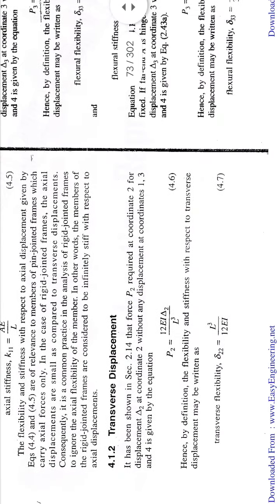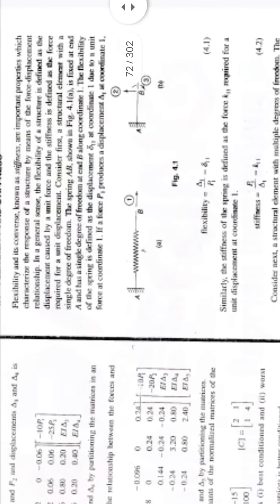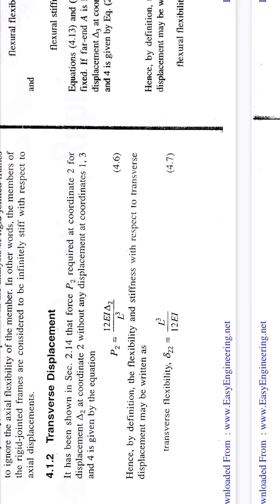When you go for transverse, in the first case, this is the axial load acting here. This is the second case, transverse, the third case is bending, and the fourth case is torsion. Please remember this. Due to the transverse force P2, if you apply a kilonewton P2 at point B, the value is P2 equals 12EI delta 2 by L cube, and delta 22 is L cube by 12EI.